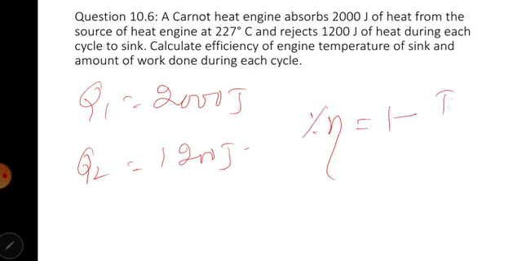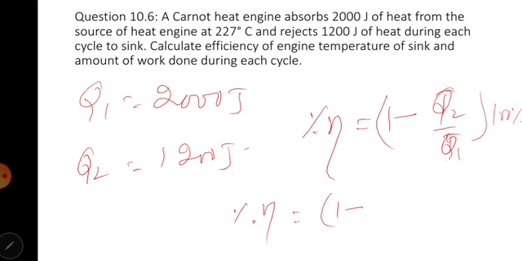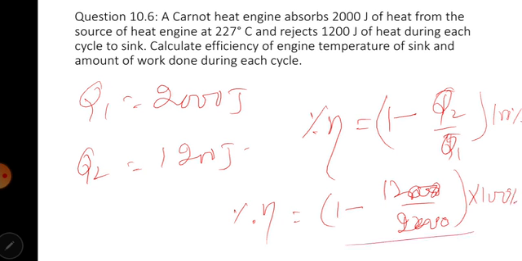Percentage efficiency is equal to 1 minus T2 divided by T1 multiplied by 100%. That is in terms of temperature. In terms of heat it will be 1 minus Q2 divided by Q1, which is 1 minus 1200 divided by 2000 multiplied by 100%. You will get the answer.